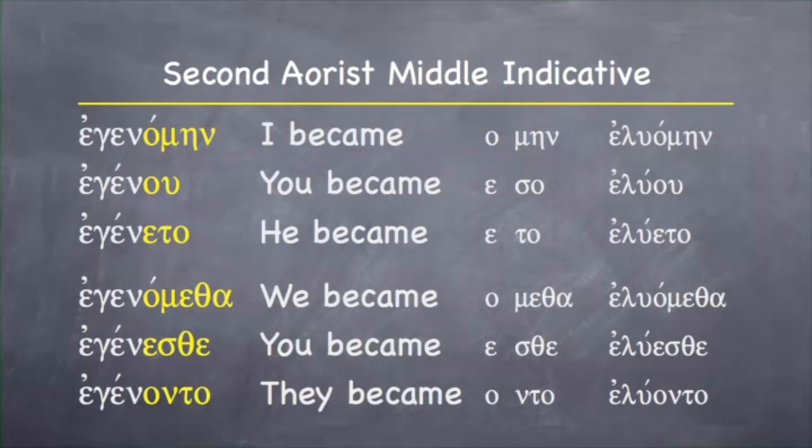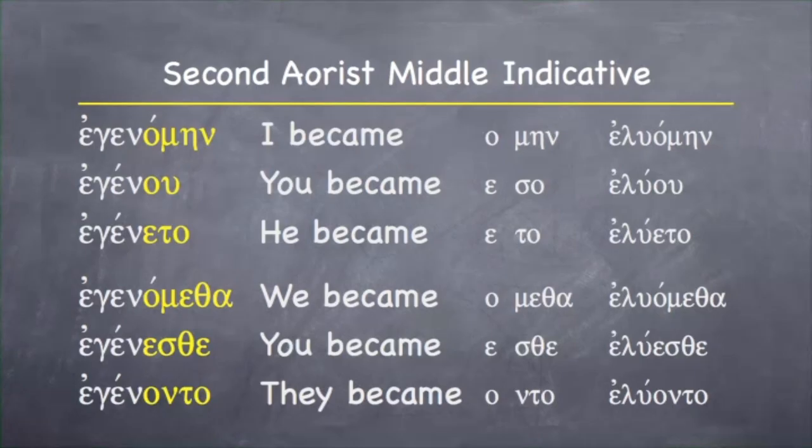Now remember, all the verbs that I'm showing you are deponents, so the definitions are all active. Of course, you couldn't even begin in English to make this a passive in meaning, could you? I was become by, or not. It doesn't work, does it? Anyway, the paradigm is egenomēn, egenou, egeneto, egenometha, egenesthe, egenonto.